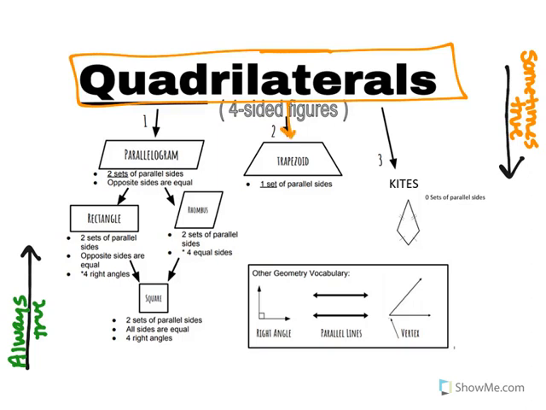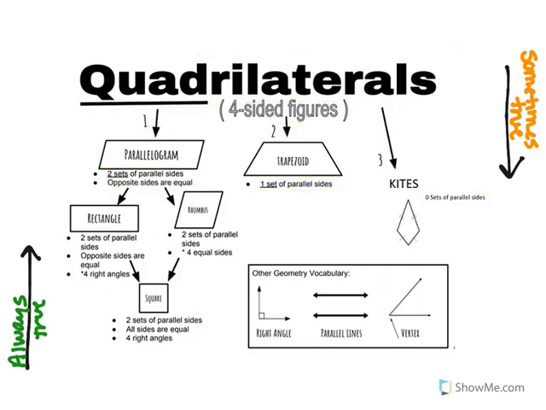Quadrilaterals are only sometimes trapezoids. They are trapezoids when they have one set of parallel sides. But they don't always have to be trapezoids. They could be parallelograms or they could be kites. So it really depends on how many pairs of parallel sides they have.